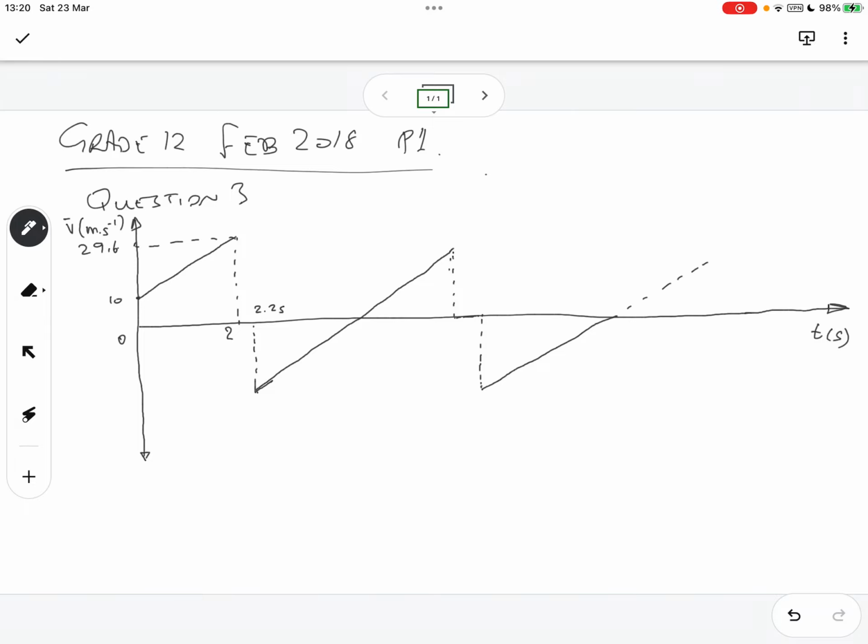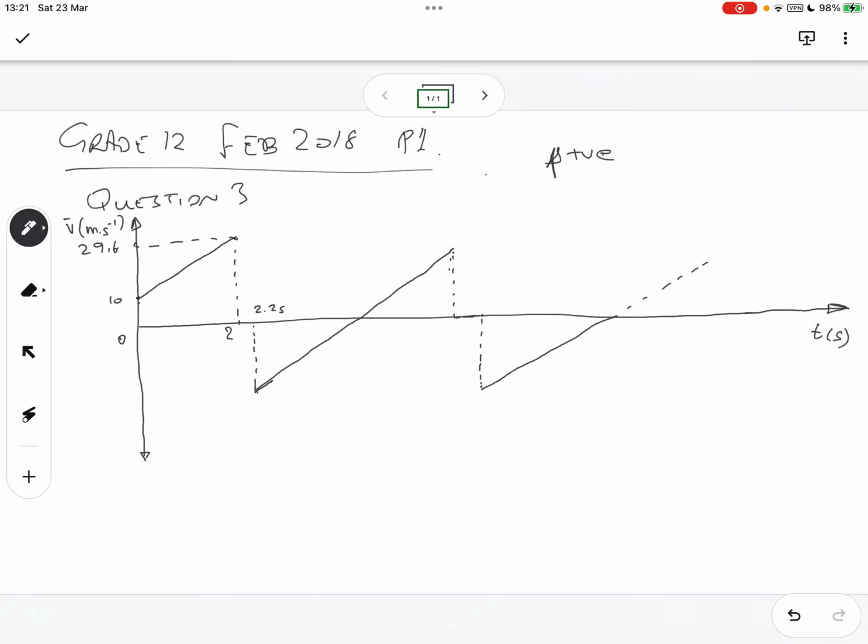Alright, so in the first instance, this is the motion when the ball has been thrown, right to the point where it hits the floor. It comes into contact for a fraction of a second with the floor, and then bounces up. This is its velocity bouncing up, so we can take upwards as positive.